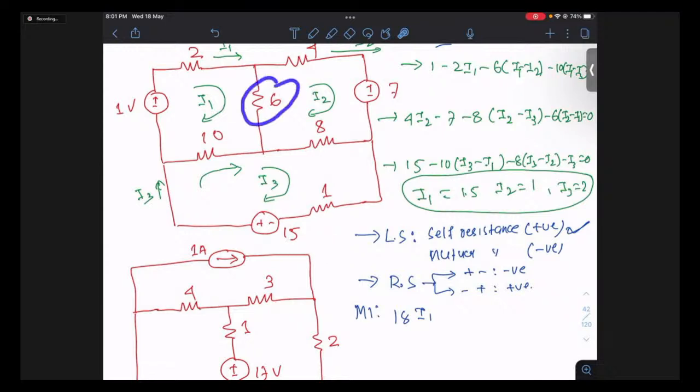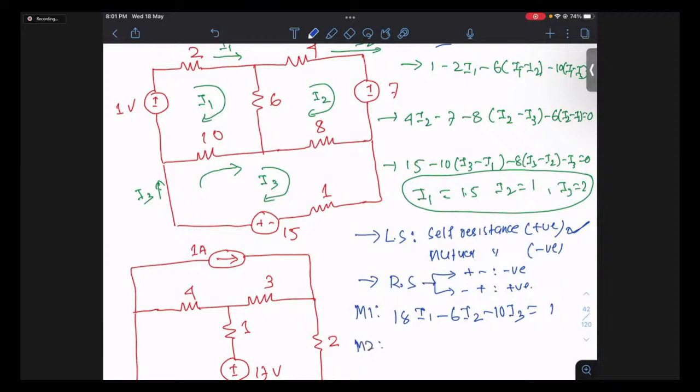So here it is 6, here it is 10, and the sign will be negative. So you get minus 6 I2, because this is shared with mesh 2, and minus 10 I3, again 10 is mutual, shared with mesh 3. This is equal to, now you move in the clockwise direction. Minus to plus means positive, plus to minus is negative. So minus to plus means it is 1.